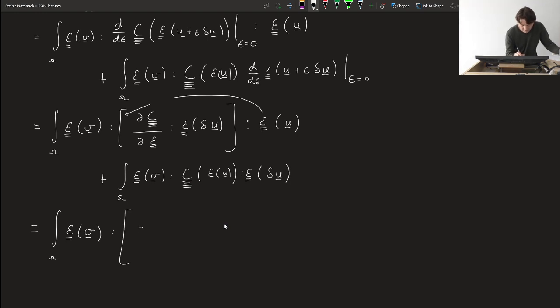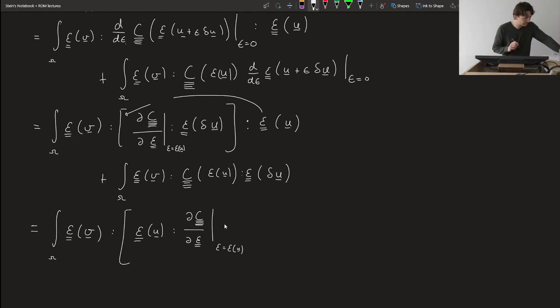So I now have this epsilon u double contracted with partial c, partial epsilon. And by the way, this is also evaluated that epsilon is equal to strain. And then I would still have this double contraction with epsilon on the right here.